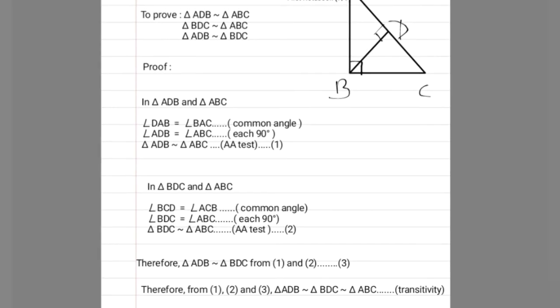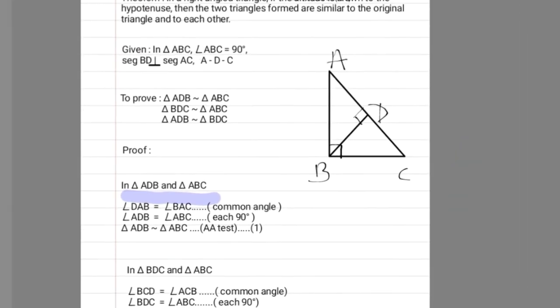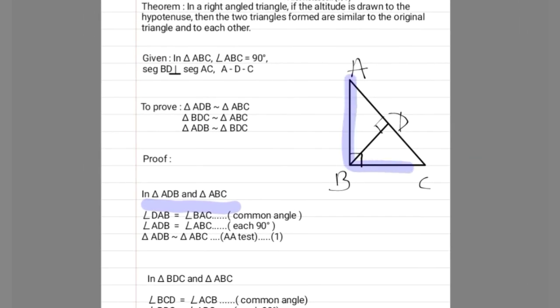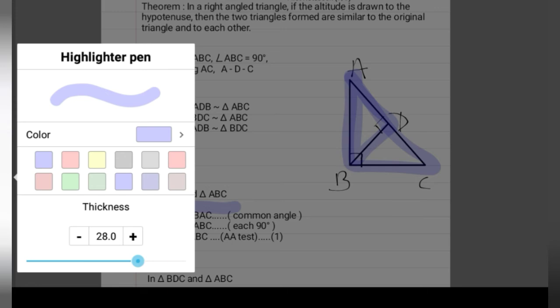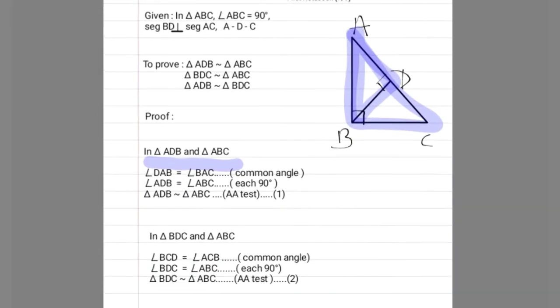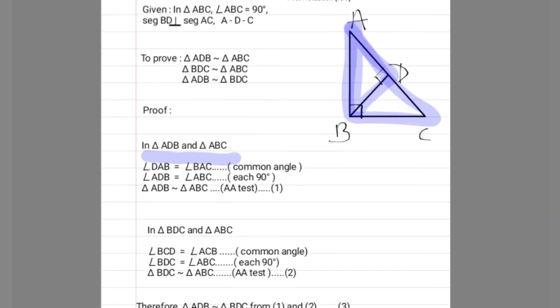We have taken first triangles ADB and triangle ABC. These are the two triangles, that is ABC and ABD. What they have said is that in these two triangles, angle DAB and angle BAC, this angle is common for both the triangles, right?